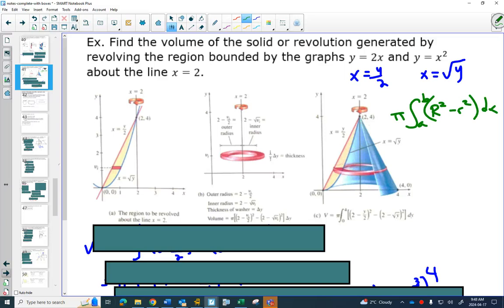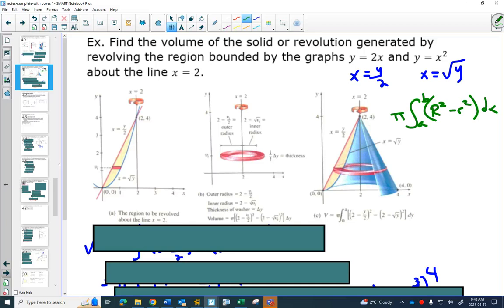You take your big circle and you minus your small circle. So if you have that in mind, it's going to be easier to figure things out, even though, if I show you the equation that you're going to write out, initially you're going to be confused when you see it. How did you get that? But if you think about big radius minus small radius, life will get easier.